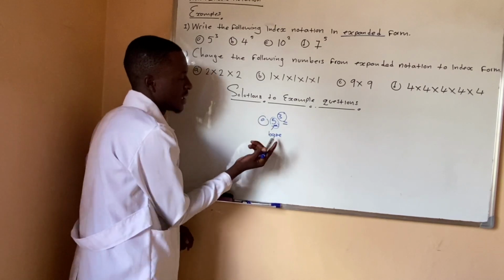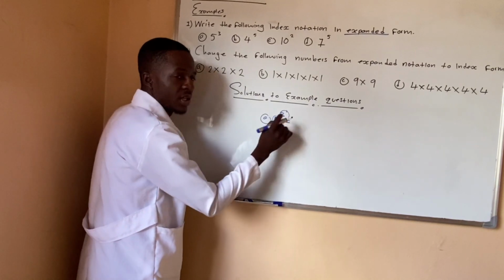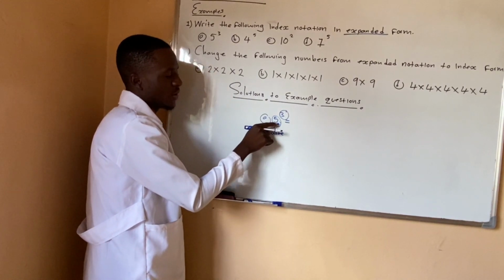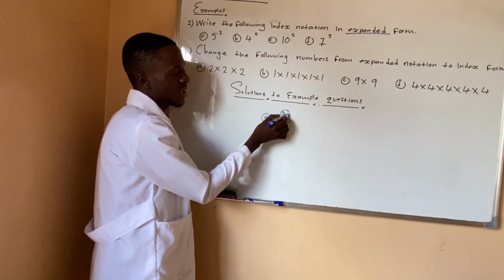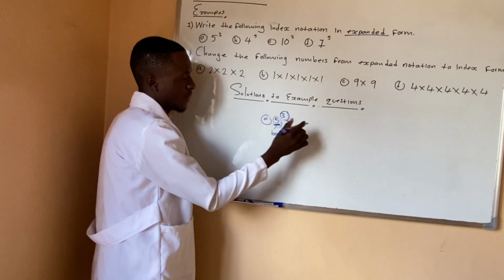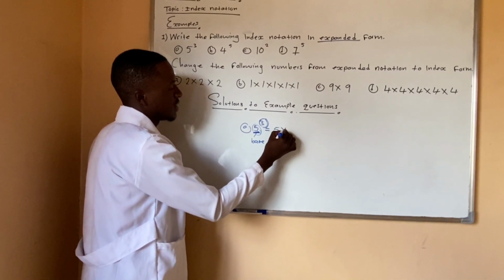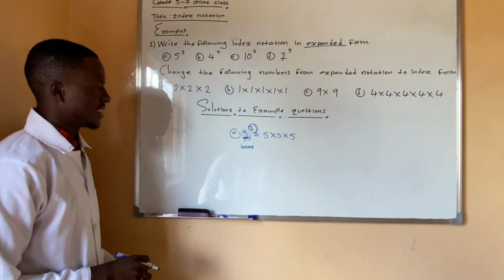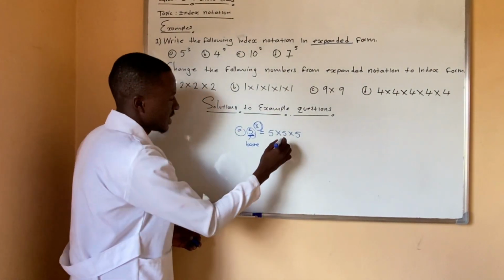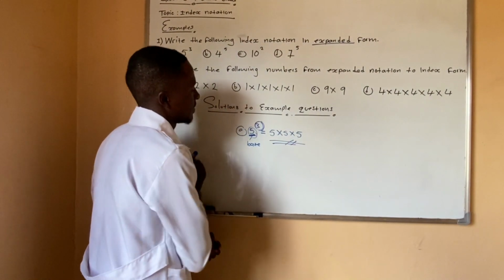What do I mean? I have the base which is 5. Remember, you don't have to change the base. So I'm going to write the base 3 times according to the power, which is 5 times 5 times 5. Then I have expanded. Then I'm done.